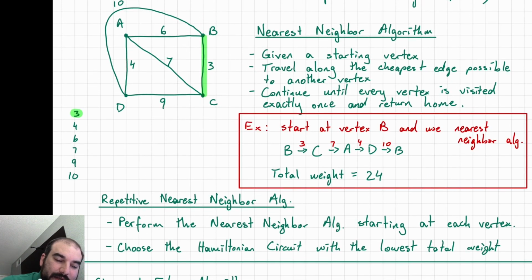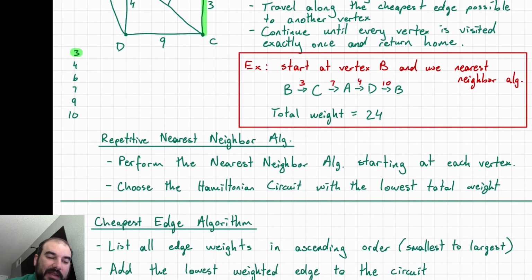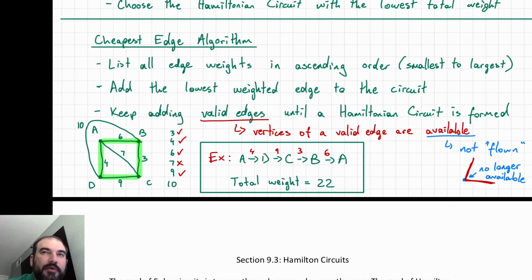The circuit itself is not defined by how you list it. The path that you take is not defined by where you start and where you end. Like I said, when we found this one for the cheapest edge algorithm, I just decided to write it by starting at A. I could also start at B.